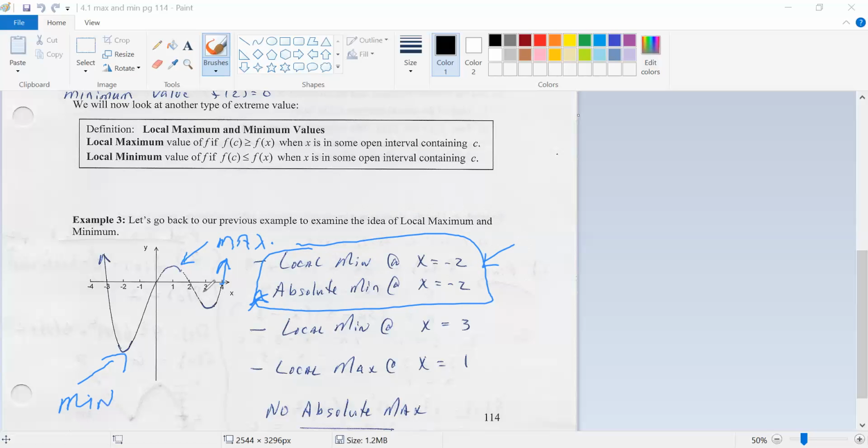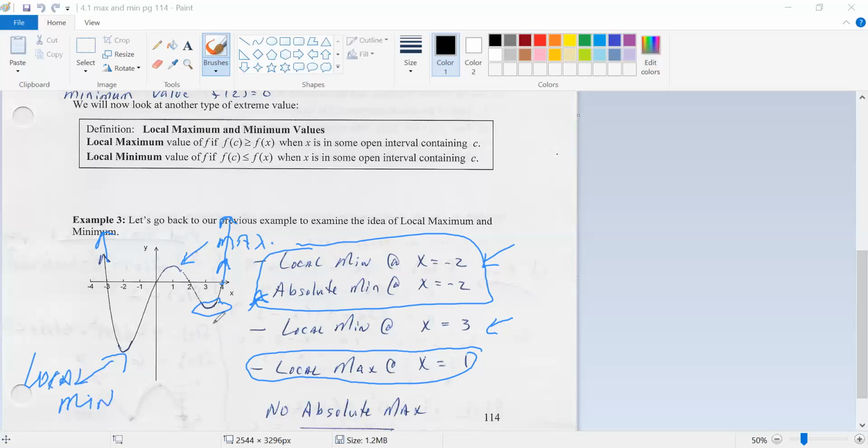At 1 here, you'll notice that that's just a local max. It's not the absolute max because both ends are going to go up higher. Then here at 3, that's going to be a local minimum. The local minimum at 3 is not an absolute minimum because it's not the absolute lowest y value, but it's a local min.